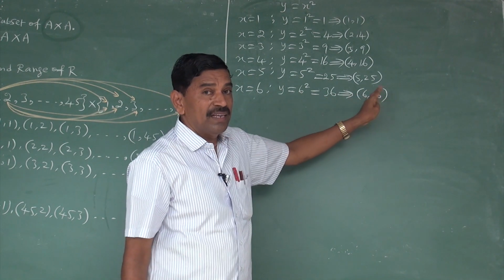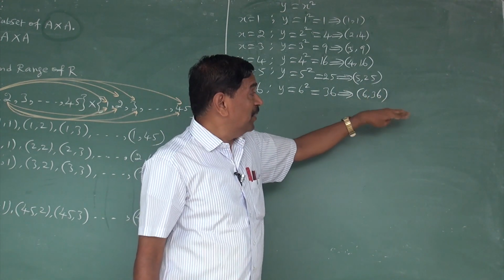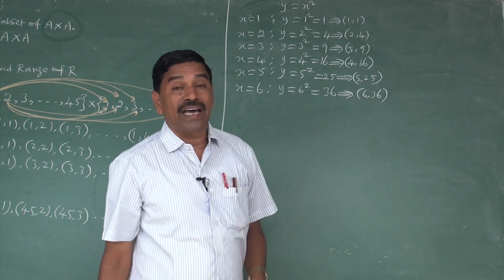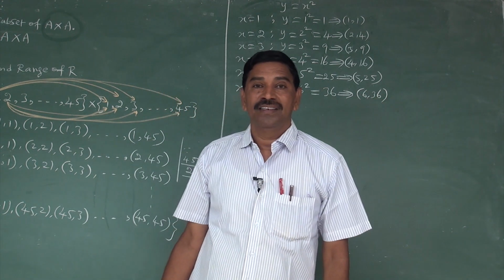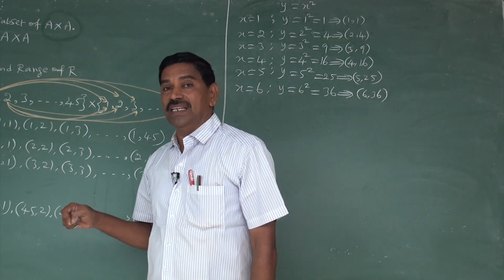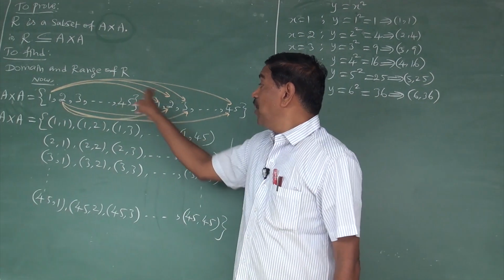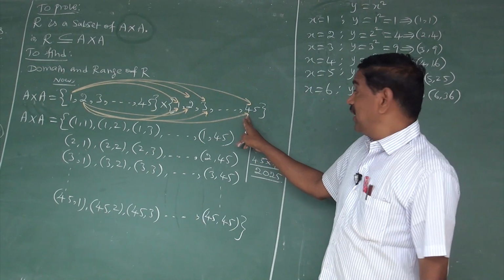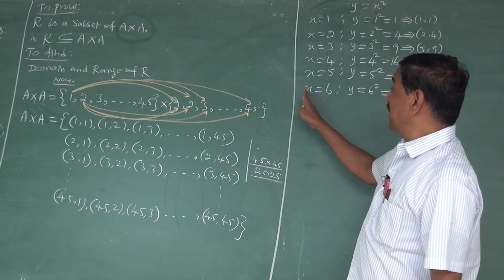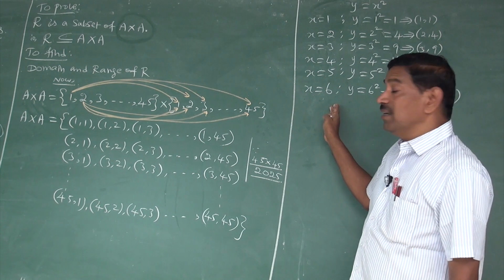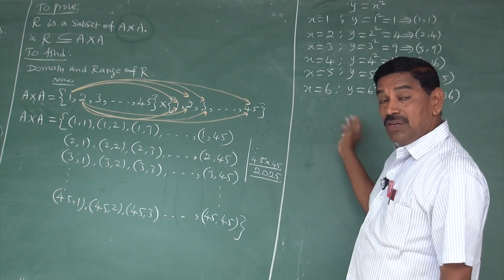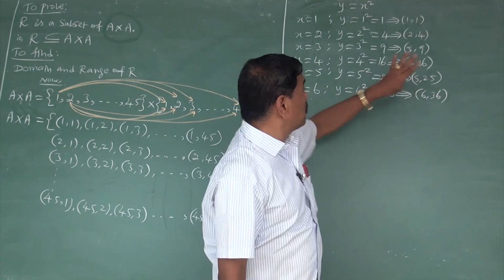What is the ordered pair? 7 comma 49. But whether 7 comma 49 is correct or incorrect? Incorrect. Why? Because 49 does not belong to the given set A. So that is why we can't substitute x equal to 7, x equal to 8, x equal to 9, x equal to 10, etc. So stop up to this.